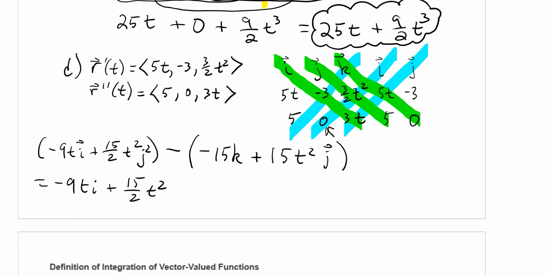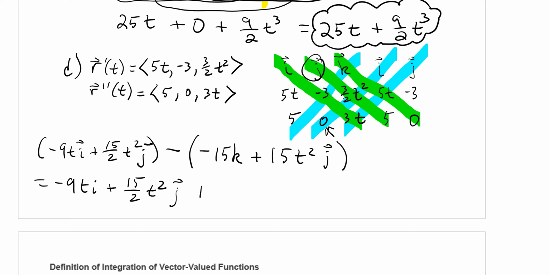Should be a j in this term here. So plus 15 halves t squared j.